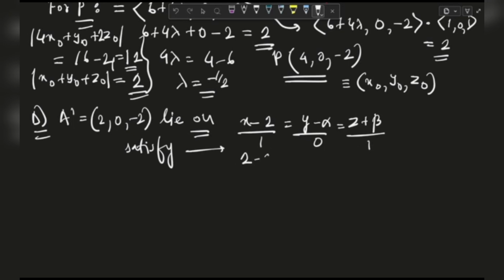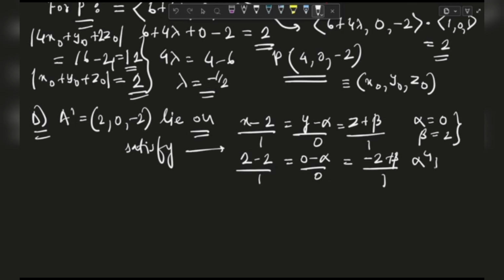Now if we put the values, this becomes (2 minus 2) by 1 equals (0 minus alpha) by 0 equals (minus 2 plus beta) by 1. So alpha becomes 0, beta becomes 2. So alpha to the power 4 plus beta to the power 4 becomes 2 to the power 4, 16.